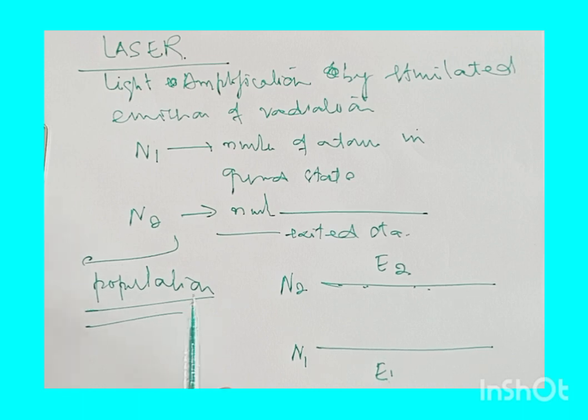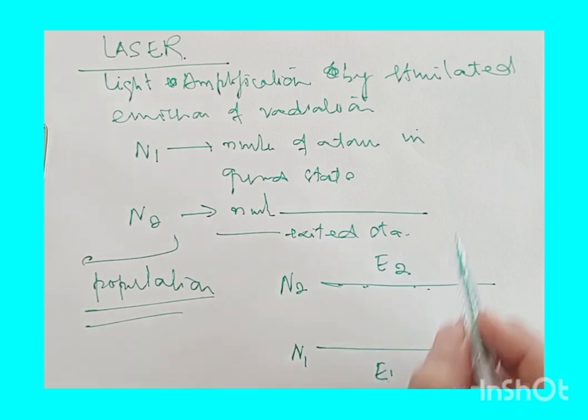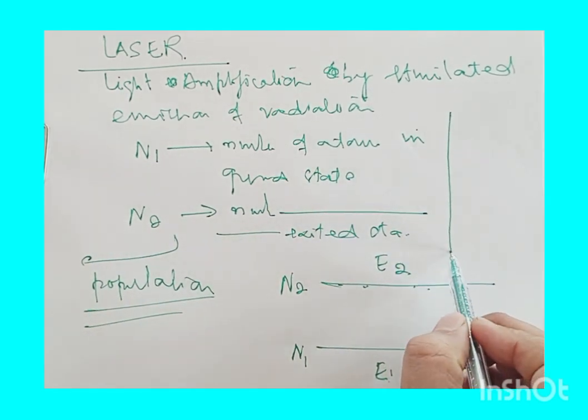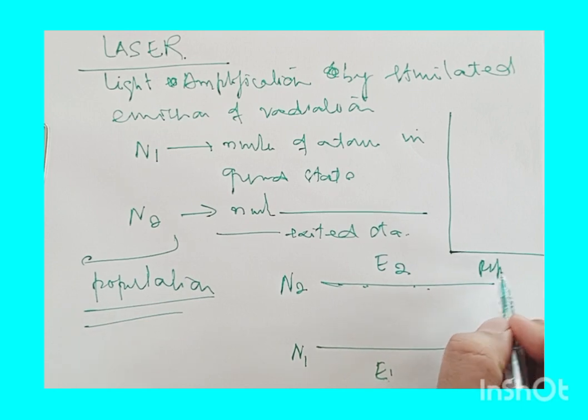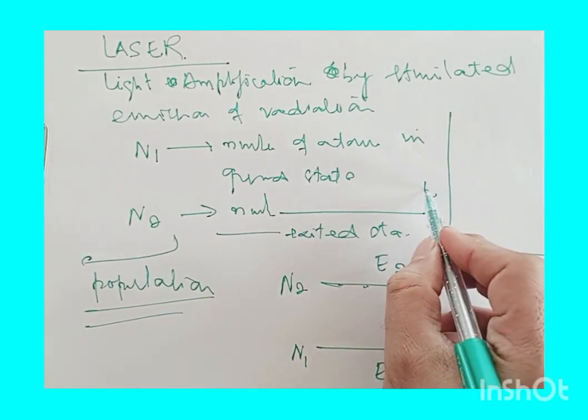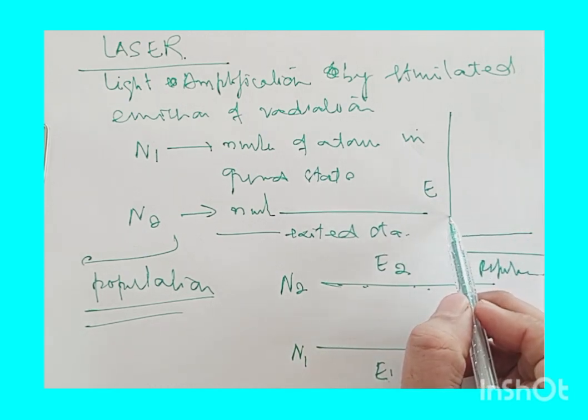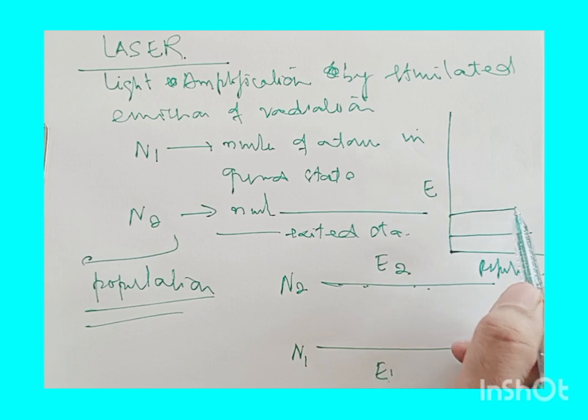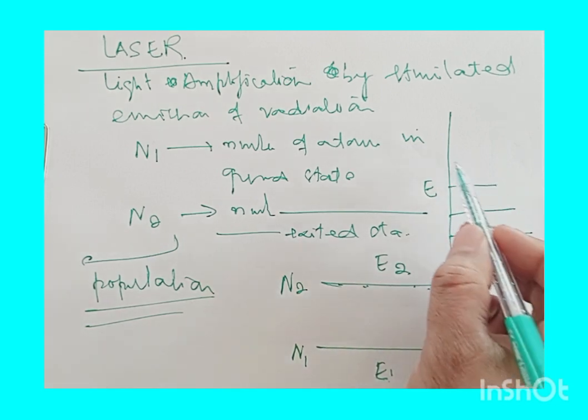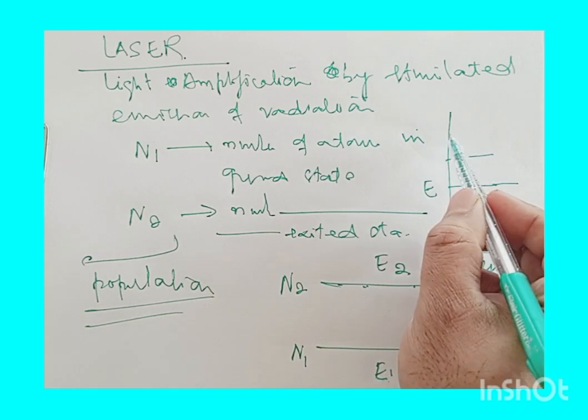And the relative population of energy levels as a function of energy at equilibrium, we can show like this: suppose this is my population and here is my energy. The number of atoms in ground state is extremely large, then in some higher state it's lesser, and it goes on decreasing.